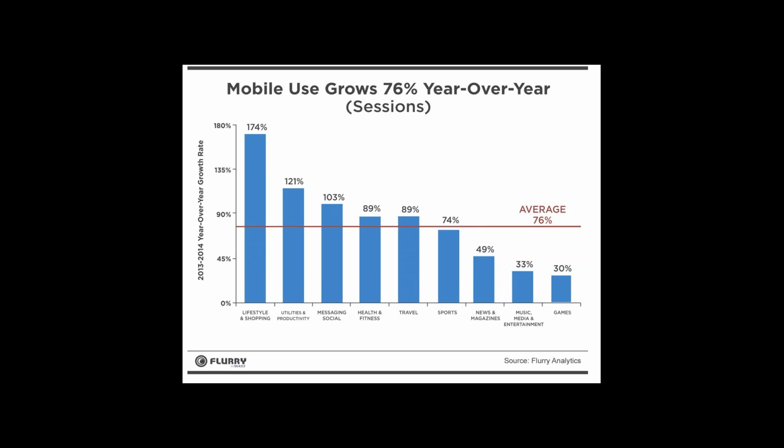Next to travel is sports, which has grown by 74%, news and magazines by 49%, music, media and entertainment by 33%, and games by 30%. Well, to summarize the numbers, mobile device usage has grown drastically over the years, and ultimately its impact has also increased on our day-to-day lives.